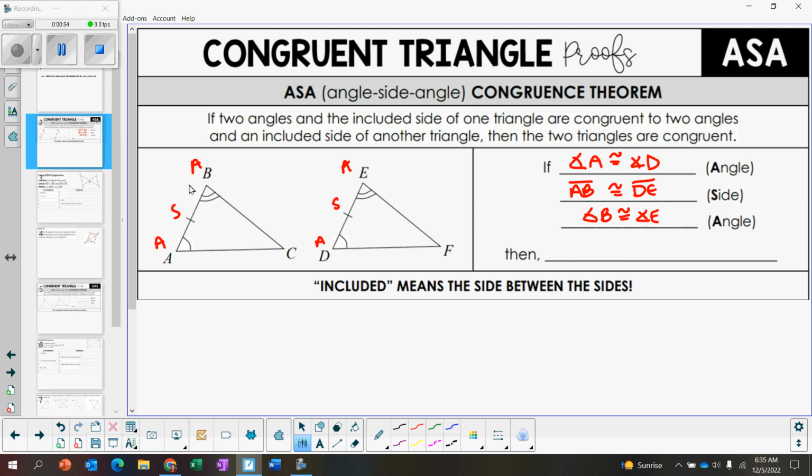Notice when I connect my two A's, I draw the side between the two A's. That is the side that's congruent. So we could say triangle ABC is congruent to triangle DEF. Right? That's ASA.